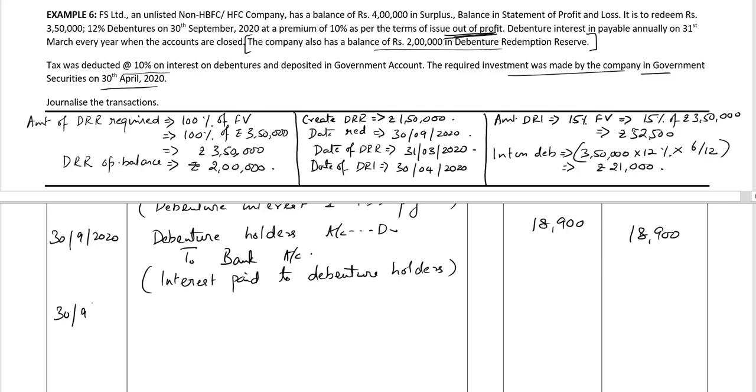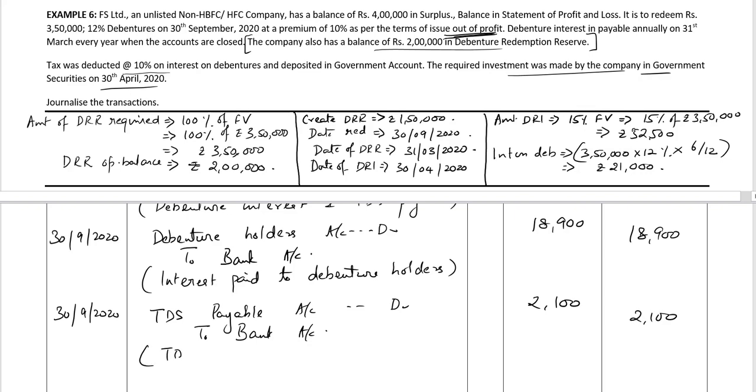We will also deposit the tax in the government account. TDS payable account debit to bank account 2,100, amount of TDS, for TDS deposited in government account.